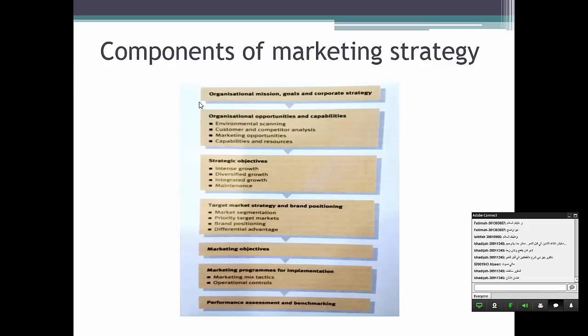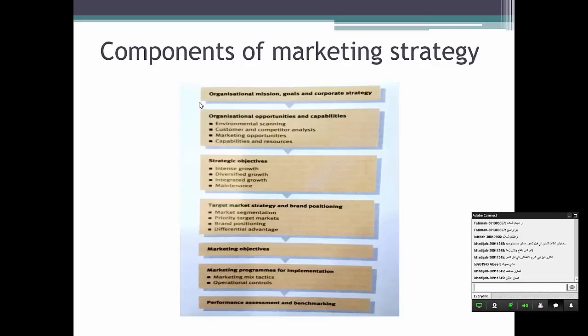And here we do what we call market segmentation, and we set the priority target markets. After the segmentation, we have segmentation, targeting, positioning, and in marketing they call it STP. STP refers to segmentation, targeting, and positioning.